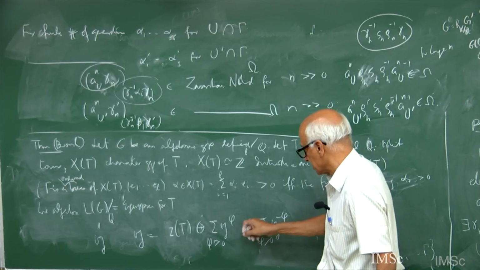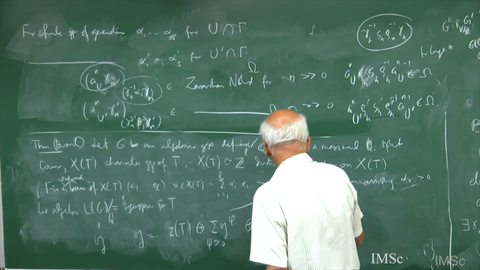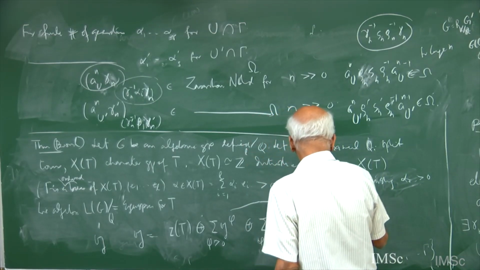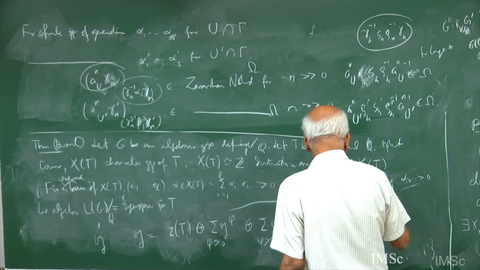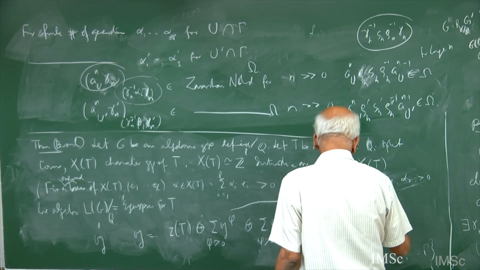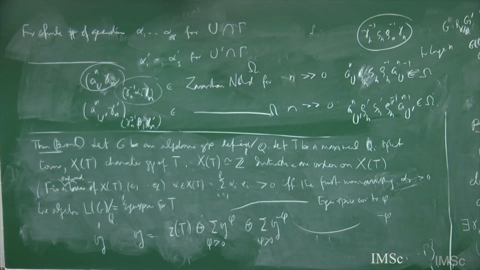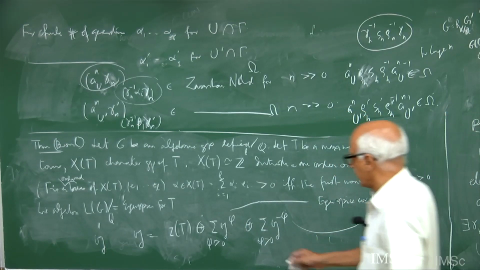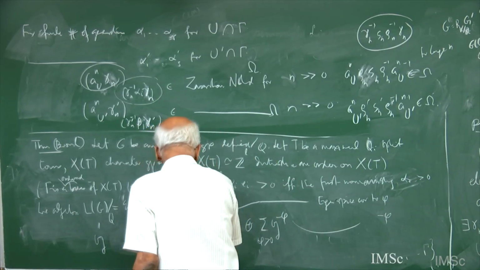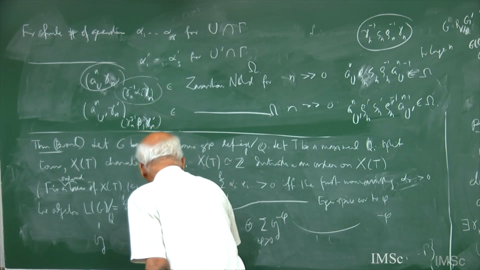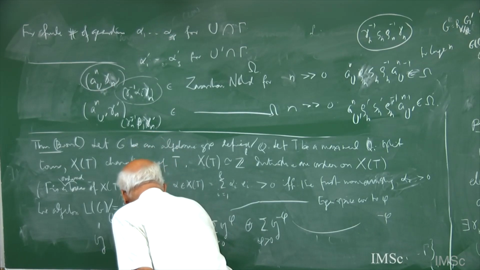These are eigenspaces corresponding to phi and minus phi. Everything breaks up like this. Under the Lie algebra, this ZT is the centralizer of T, that is the zero eigenspace or trivial eigenspace, the centralizer of T.